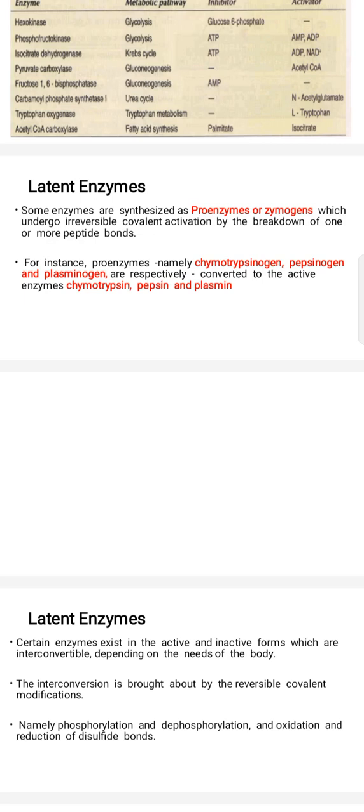So pepsinogen and plasminogen are converted to their active enzymes. You can see that pepsinogen is converted to pepsin, that's its active enzyme. Initially they were proenzymes. Pro means before.